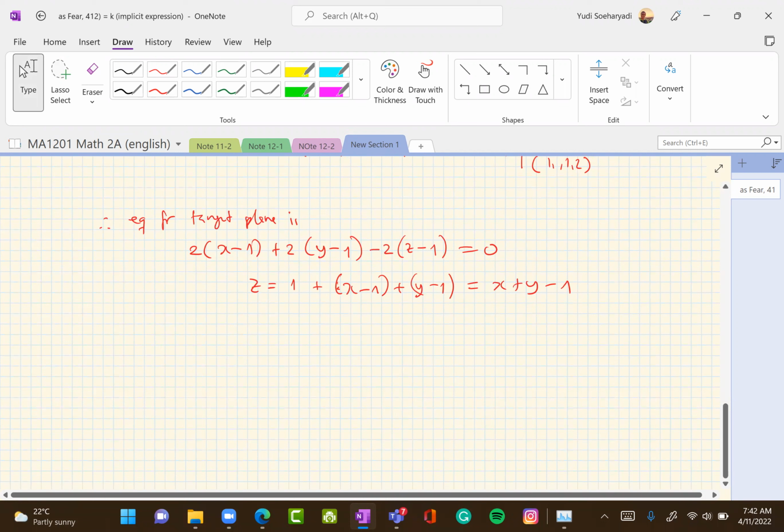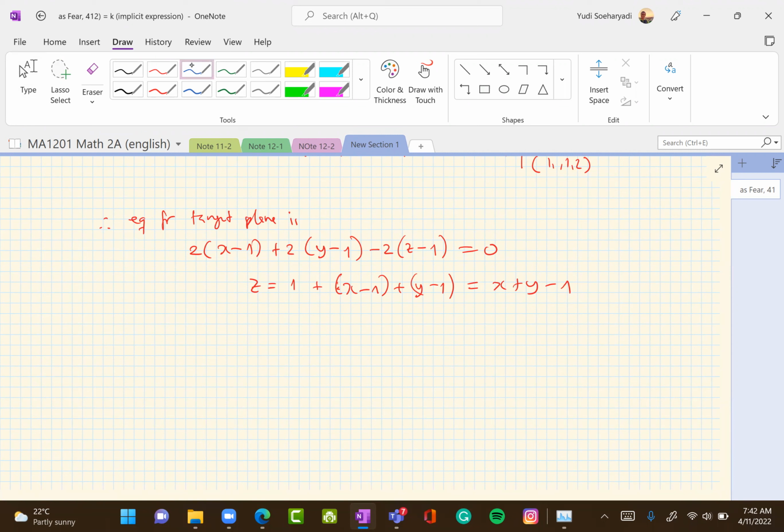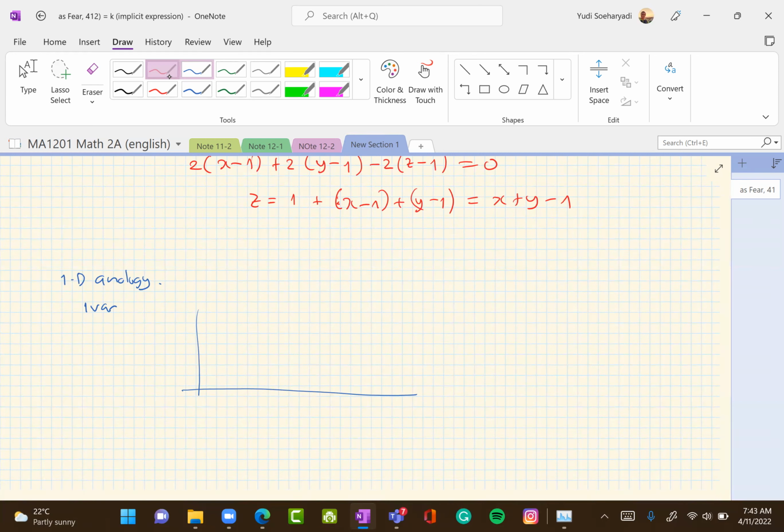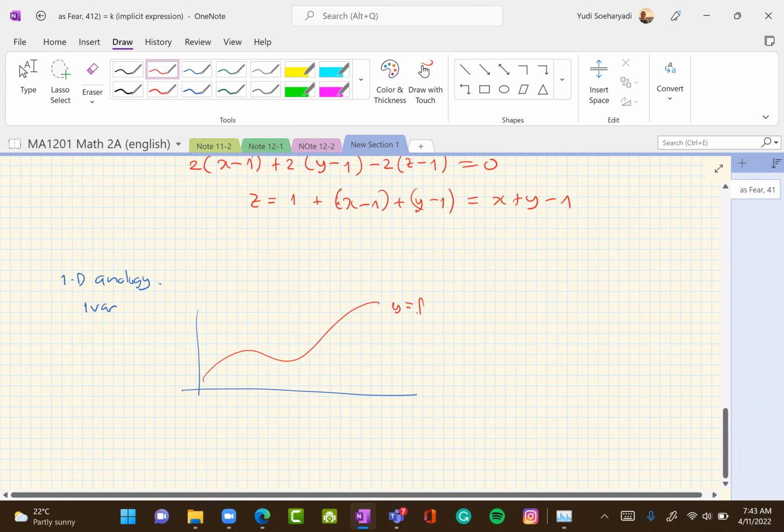Then let's do the approximations by tangent plane. A one-variable analogy: you have a graph of y equals f of x, and a point x naught, and this is the tangent line.